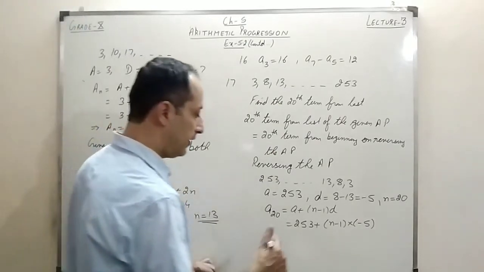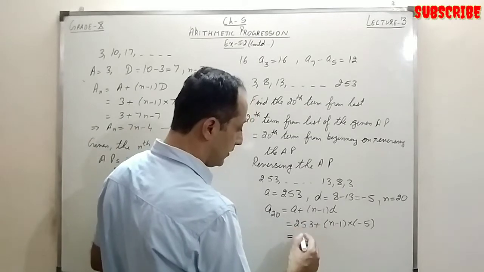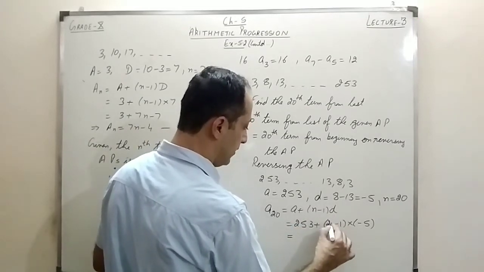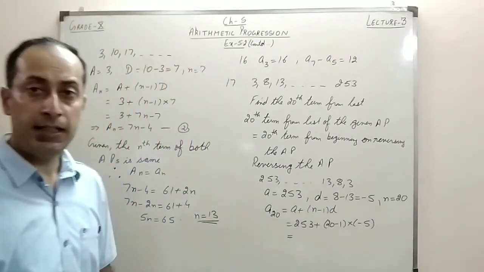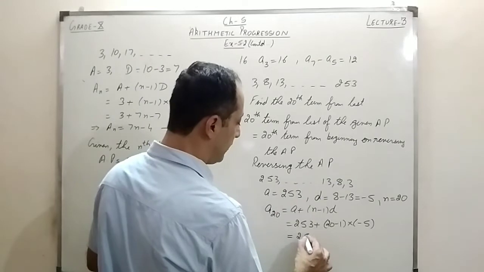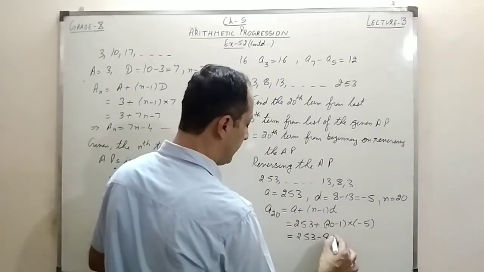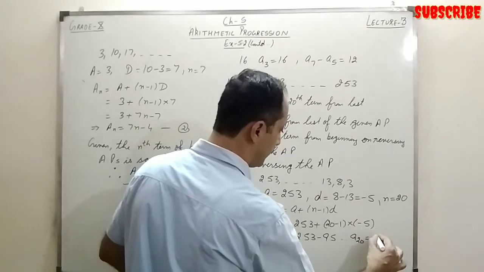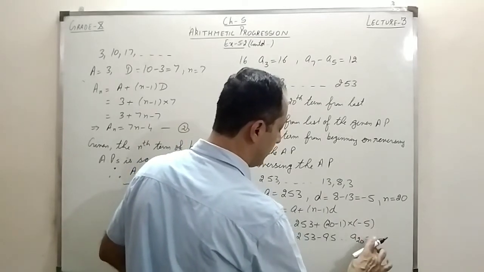So A is 253, plus n minus 1 into minus 5. Now n is 20, so 20 minus 1 is 19, and 19 fives are 95. So this is 253 minus 95, and I get the value as 158.